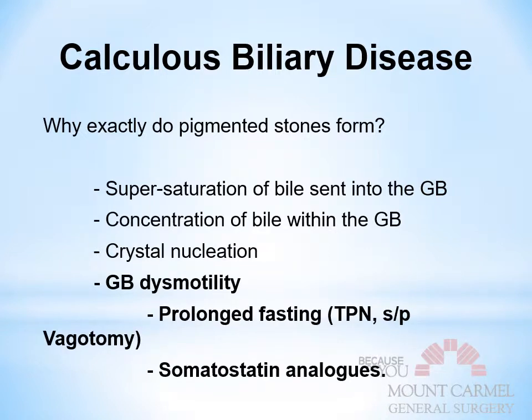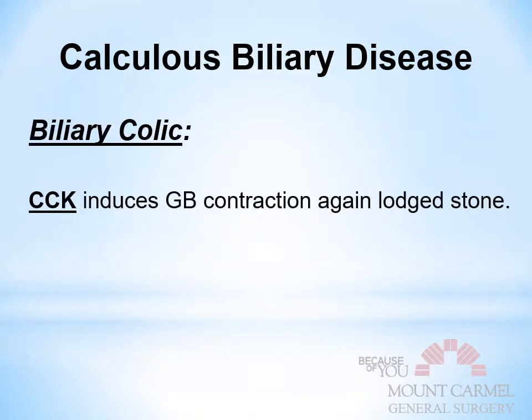And then there's gallbladder dysmotility, which occurs in situations of prolonged fasting, which is mainly with TPN, long-term TPN patients, status post-vagotomy patients, and those who are on somatostatin analogs, particularly depot applications.